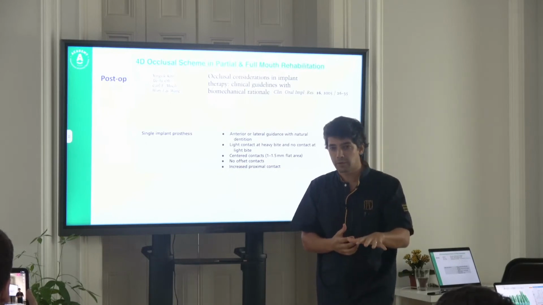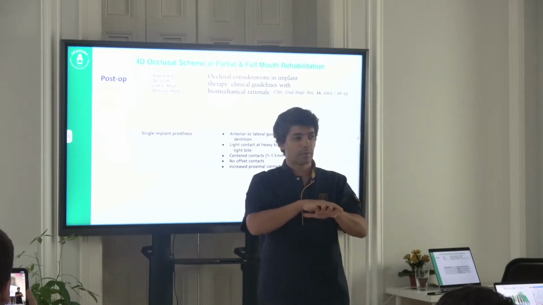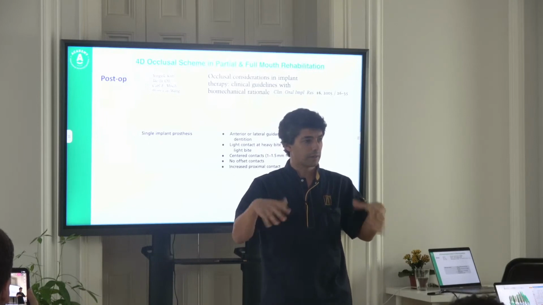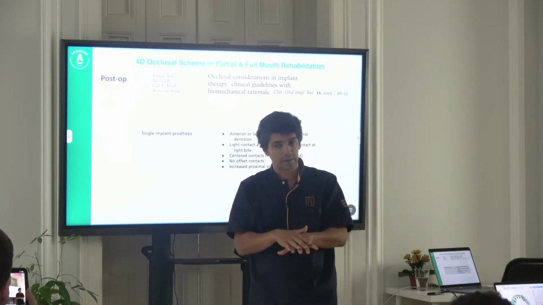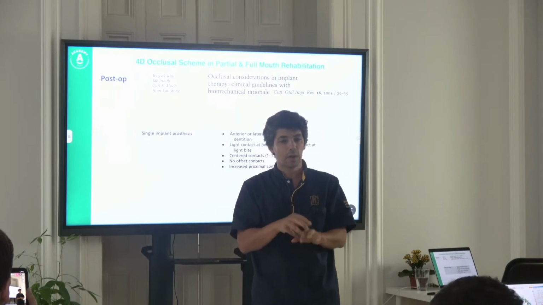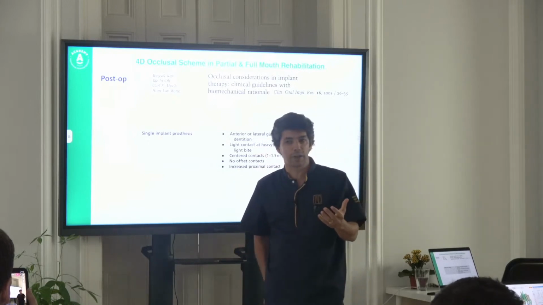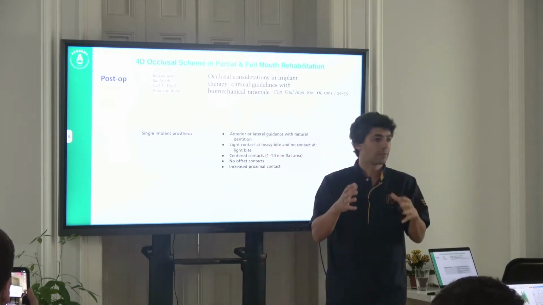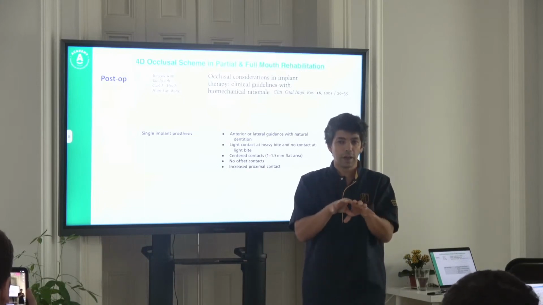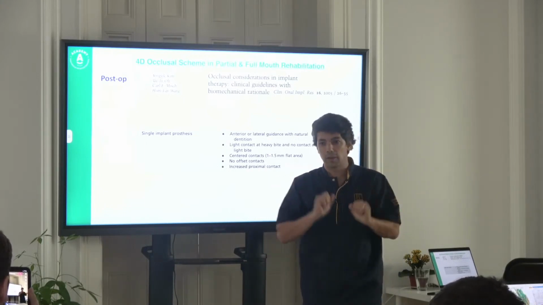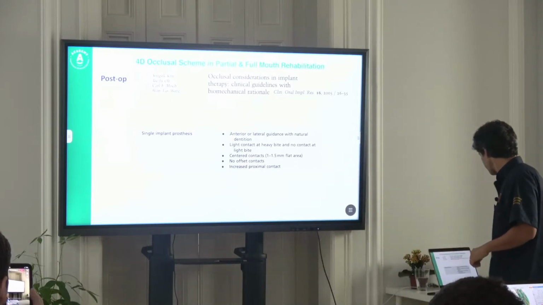Having an 80 microns occlusal paper on teeth that contact and not contacting on the implant. So digitally, of course, we have to check the clearance, and the clearance has to have the green area on the implant and red area on teeth, okay?